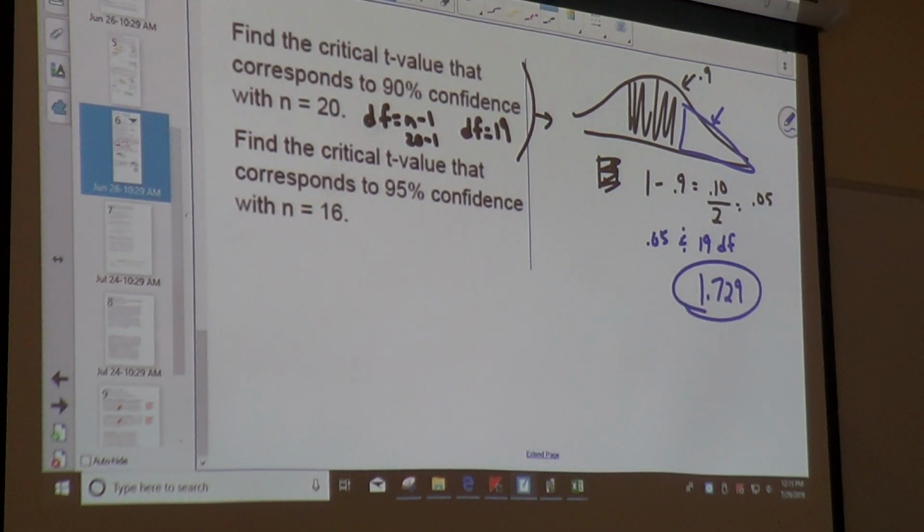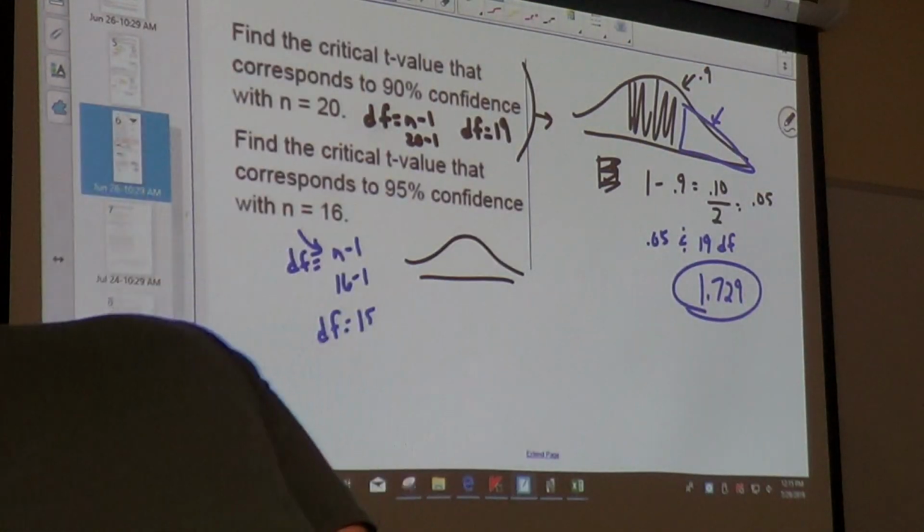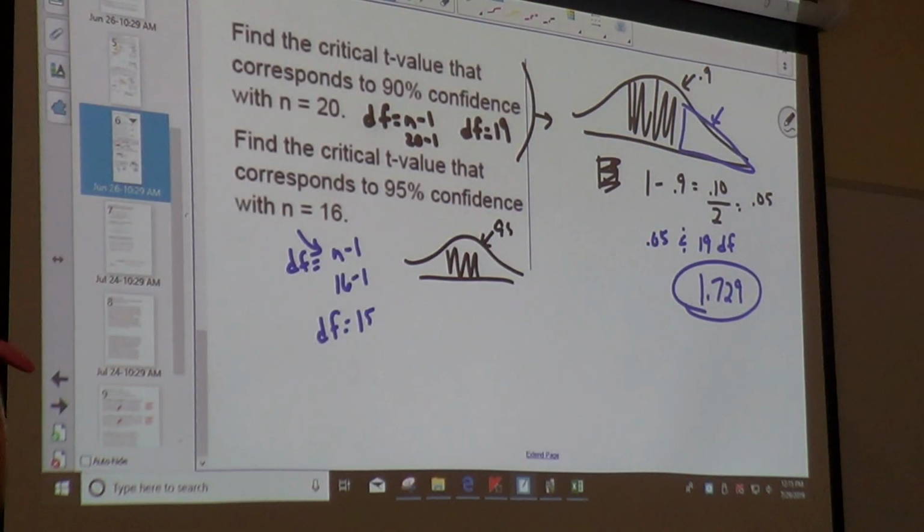So for this one, it would be n minus 1 to get my degrees of freedom. So 16 minus 1, so my degrees of freedom are going to be 15. And then this is going to be 95%. So 1 minus 0.95 is 0.05, and divide that by 2 is 0.025.